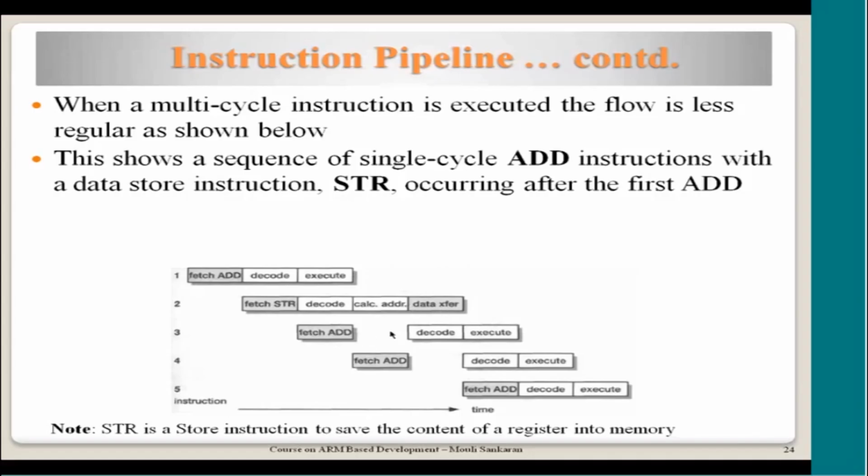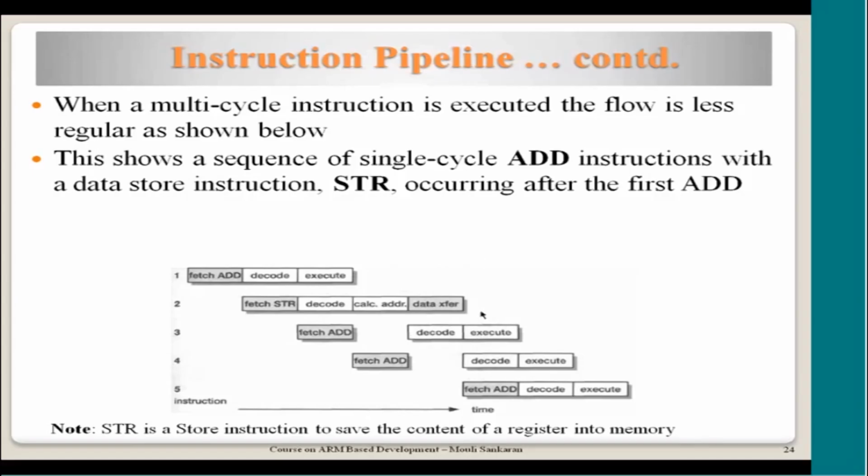So during this time you see a gap, and then the decode starts. Now why is there a gap here? Because decode of this is happening, so decode of another instruction cannot happen here, right? Because it is getting fetched here. Only after this decode is completed can this decode start. Because if you draw a vertical line with respect to time, only one fetch unit can be used by one of the instructions, and only one decode will be there.